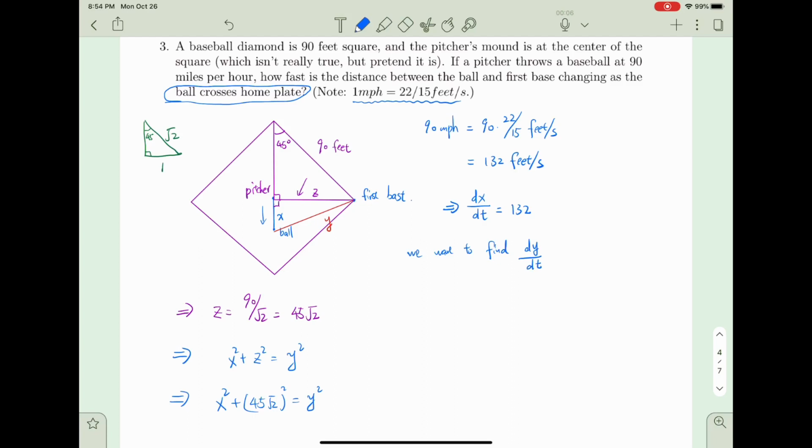After the pitcher threw the ball, the length of x will be increasing, right?